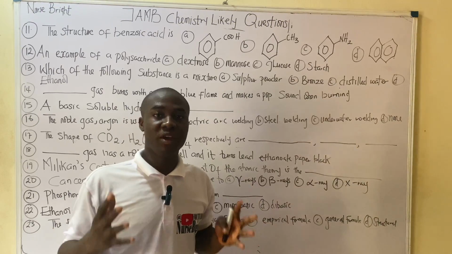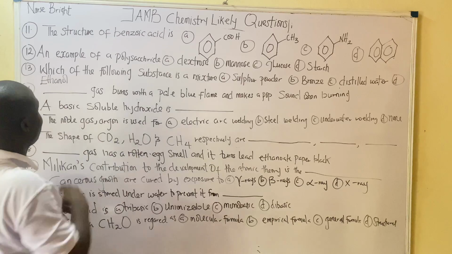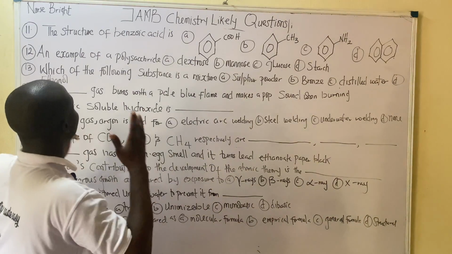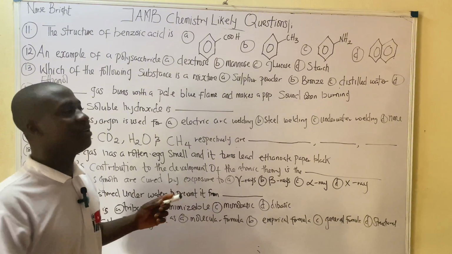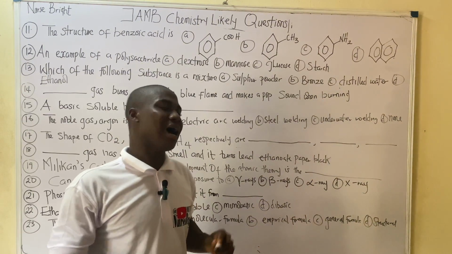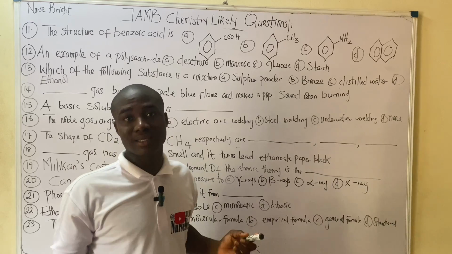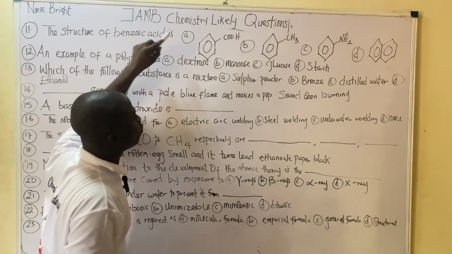Okay guys, moving further, let's get into the next practice question, which is question number 11. The question says the structure of benzoic acid is, now it's very easy. Looking at all of these structures, we have to know which one is benzoic acid. Now, as I'm seeing them, I already know the answer. You can see that the name ended with an acid.